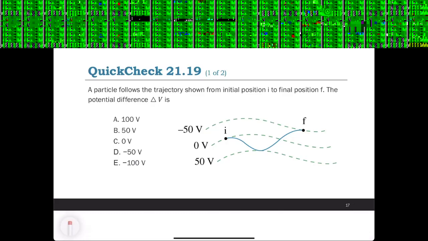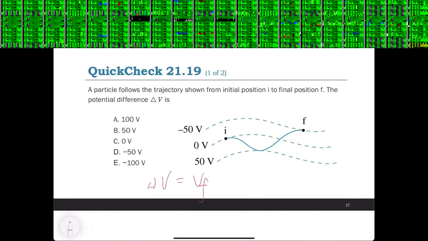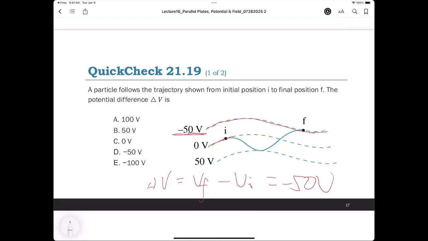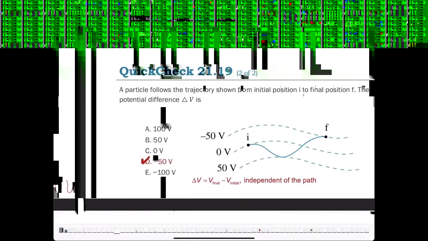I think this one is obvious. Delta V equals VF minus VI. Because this is an equipotential line, which means along this line the voltage is the same, it is 0 volts here, and it is negative 50 volts there. So it is negative 50 volts, answer D. Does that make sense to you?